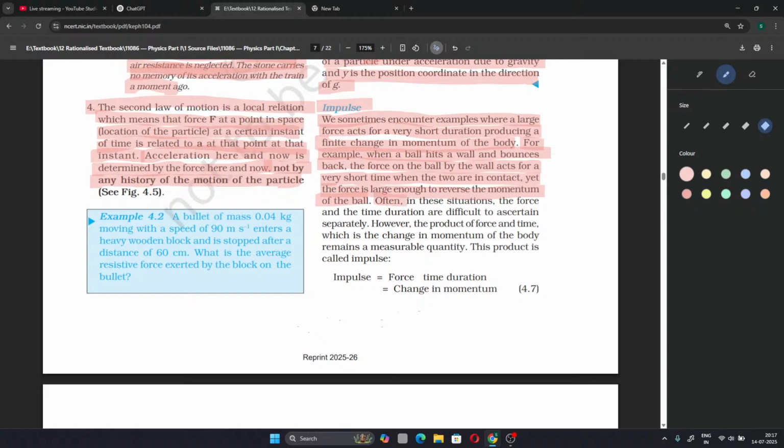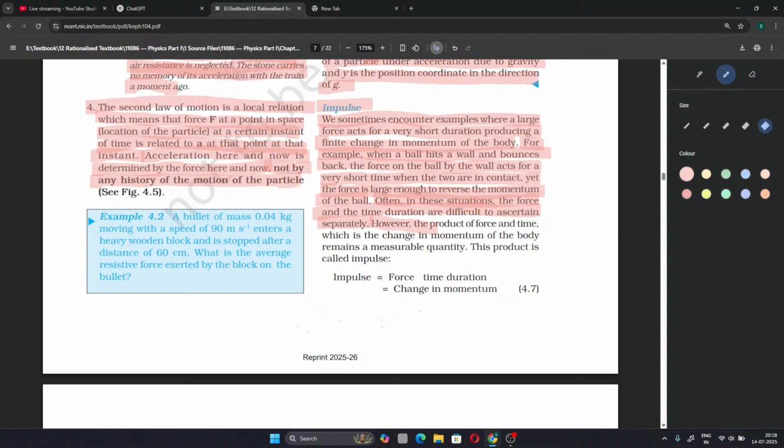Often in this kind of situation, the force and the time duration are difficult to ascertain separately. Basically, you can't actually calculate the amount of force you put in your hand to throw the ball, and you can't exactly calculate the time.